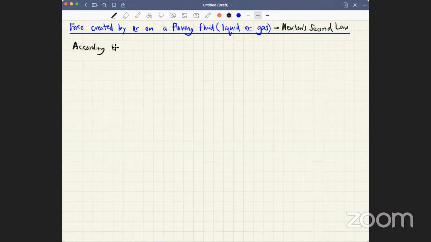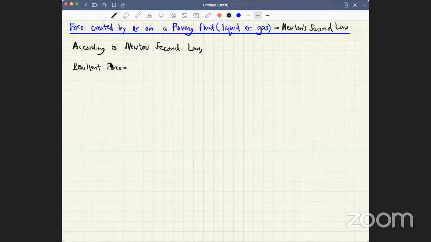According to Newton's second law, you know, resultant force. What's resultant force? We write an equation.